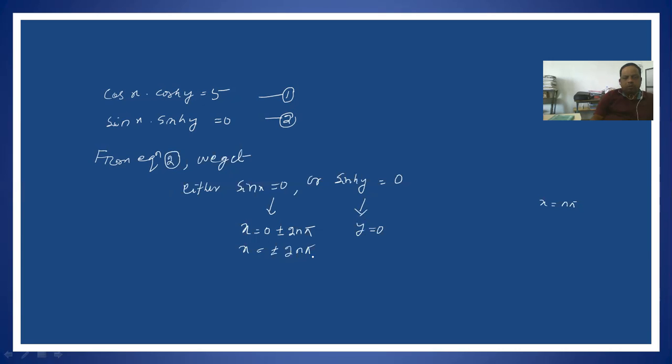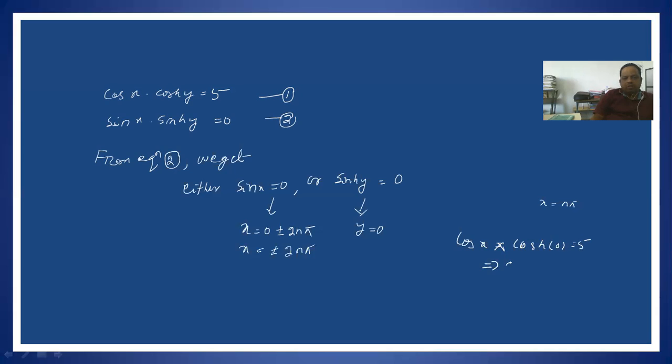So here we get two values, x and y, and we substitute in equation 1 to see which one is appropriate in the present situation. If you substitute y equal to 0 in equation 1, we get cos x into cos hyperbolic 0 equal to 5.